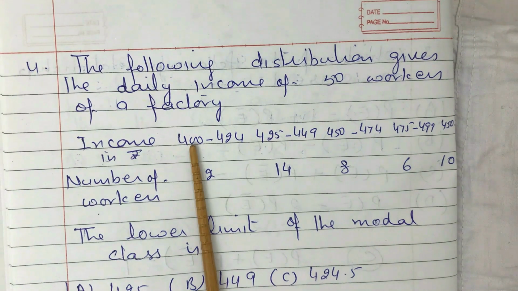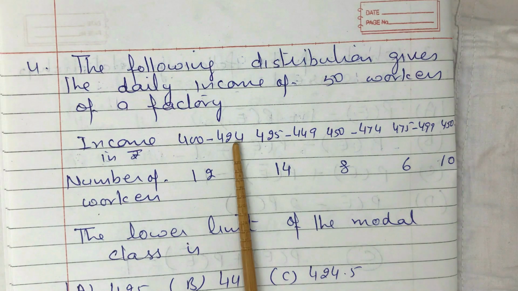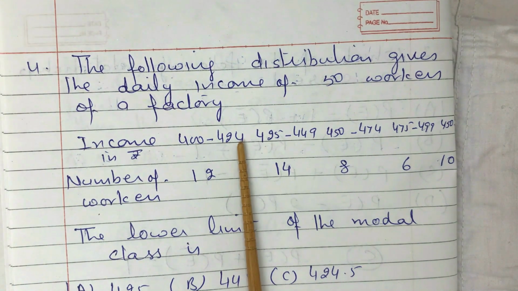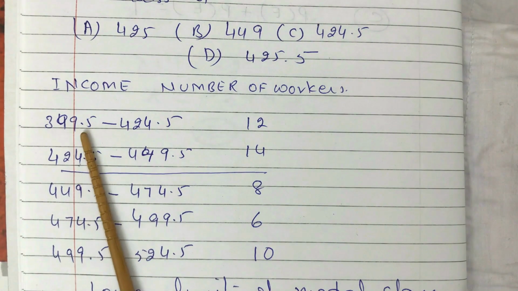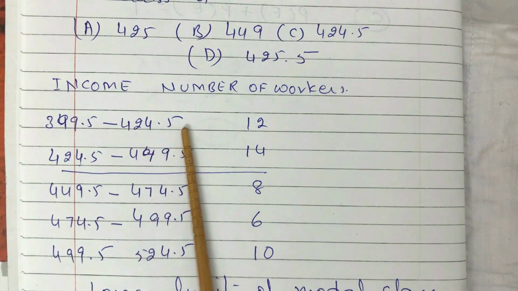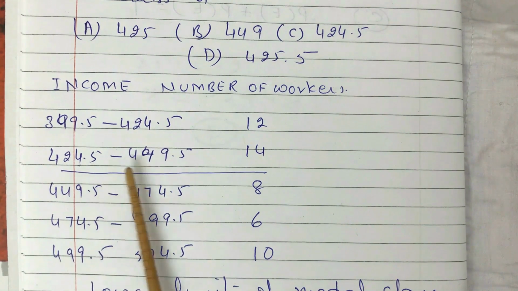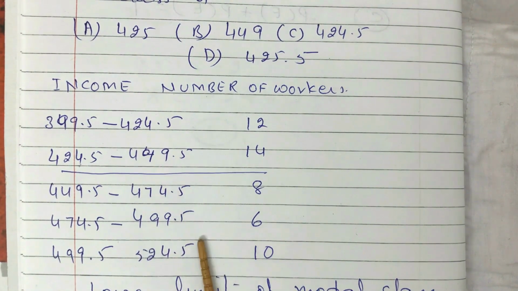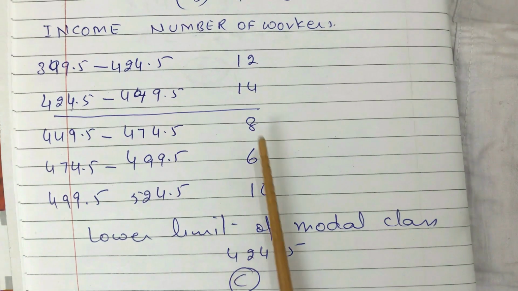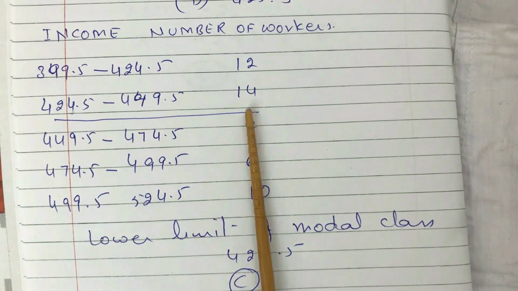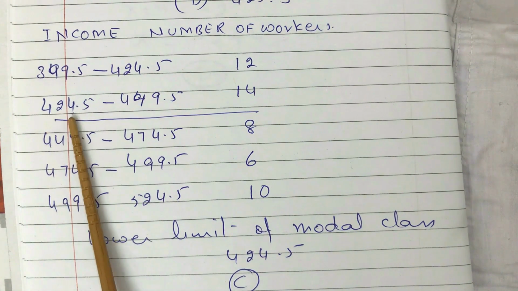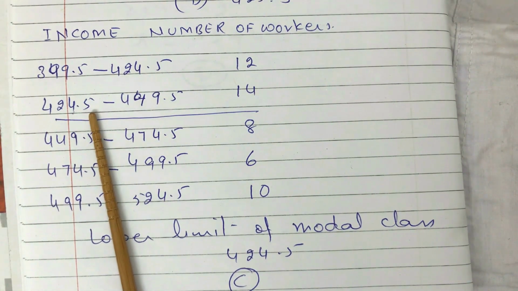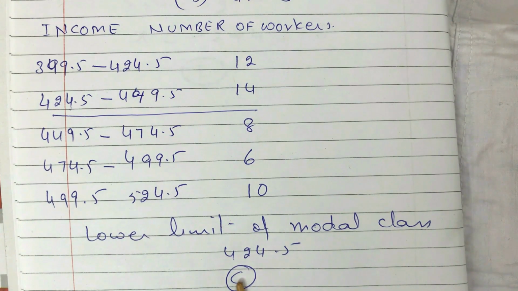You will deduct 0.5 from the lower limit and add 0.5 to the upper limit. You will do the same in all the classes. And this is 399.5 to 424.5 and 424.5 to 449.5 and so on. And this is the highest frequency. This is the modal class and the lower limit of the modal class is 424.5. That is the answer. So C is the option.